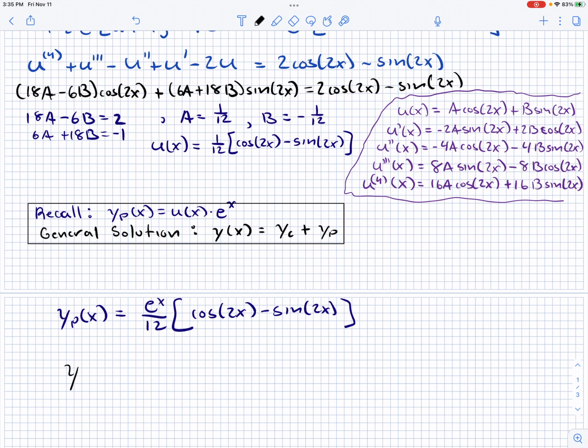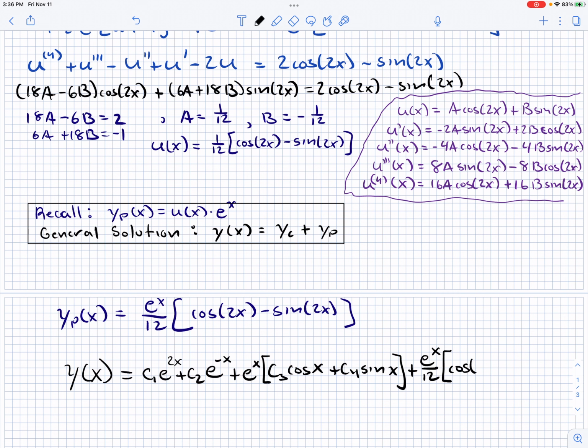So that will be c1 e to the 2x plus c2 e to the negative x plus e to the x times c3 cosine of x plus c4 sine of x, and then plus our particular solution, e to the x over 12 times cosine of 2x minus sine of 2x.